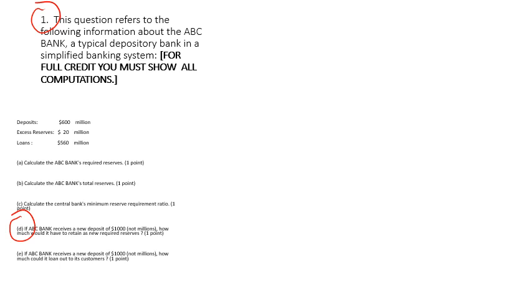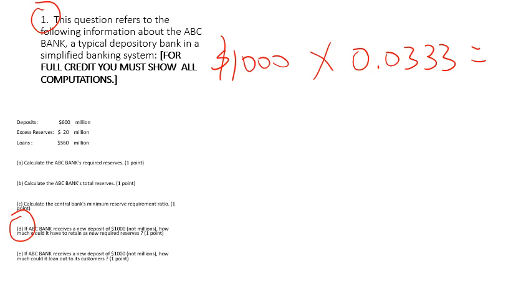Well, we take the $1,000 deposit and we multiply it times the MRRR, which is 3.33%, which is stated this way, 0.0333.